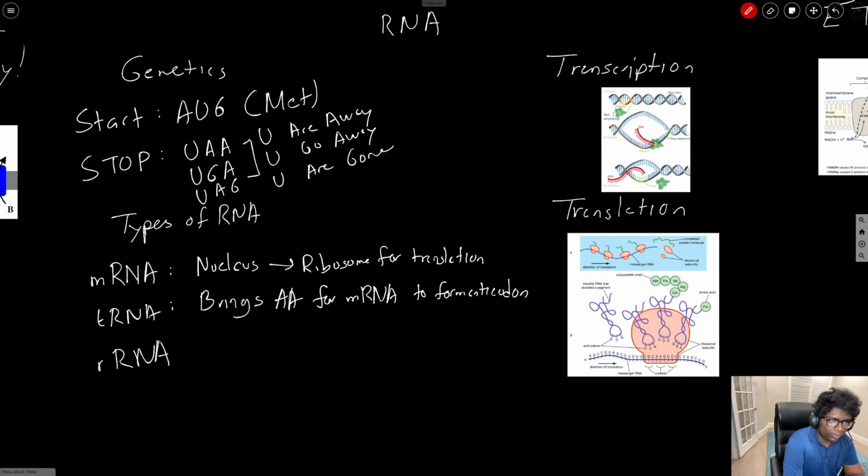There's something called RNA polymerase, this one right here. It binds to a promoter sequence, which is called the TATA box, because there's lots of AT bonds. And it synthesizes RNA from the DNA template. And then that's basically it.